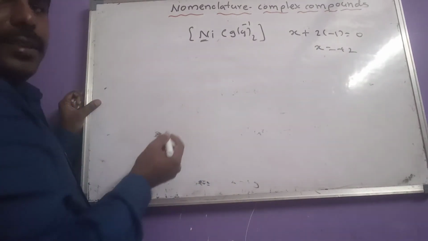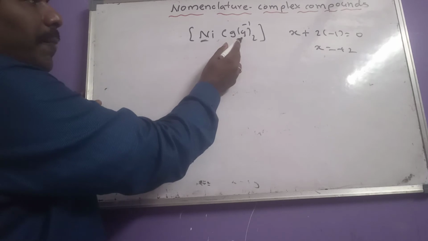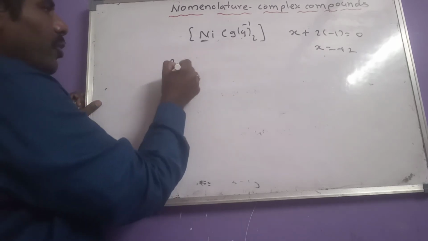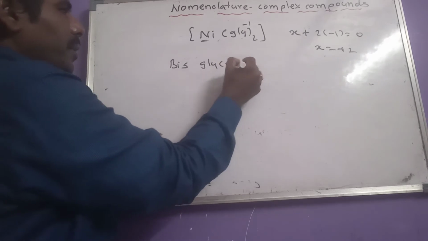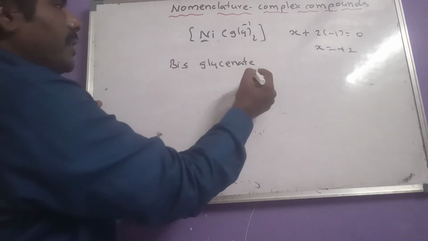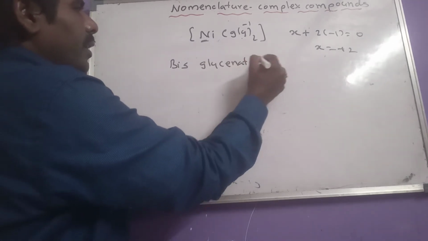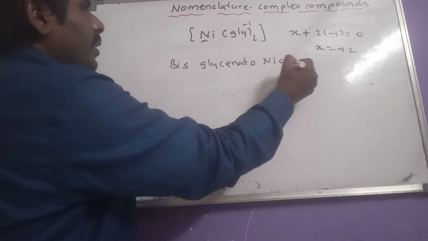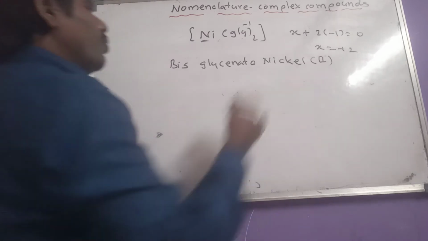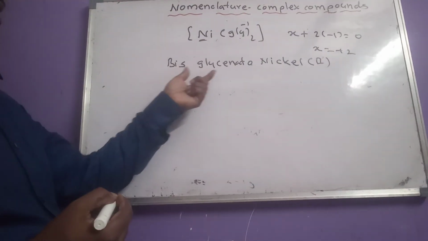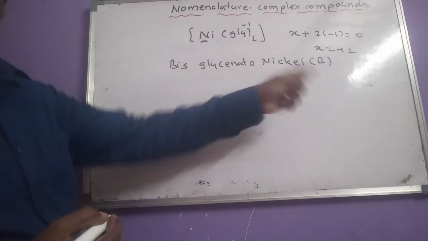Now what is its name? As it is a complex ligand, we have to use bis: bisglycinatonickel. Oxidation number is 2. So its name is bisglycinatonickel(II).